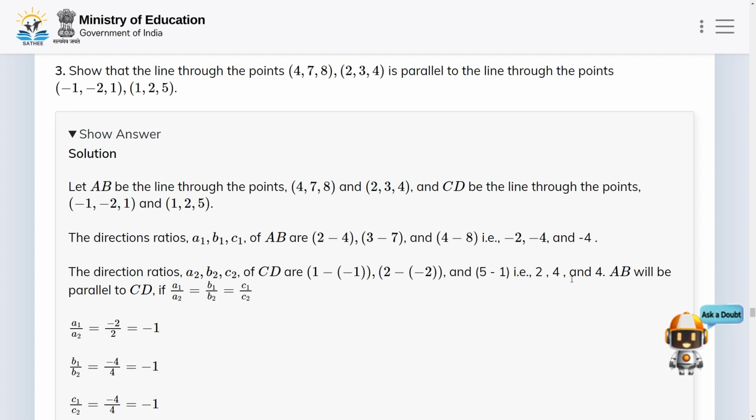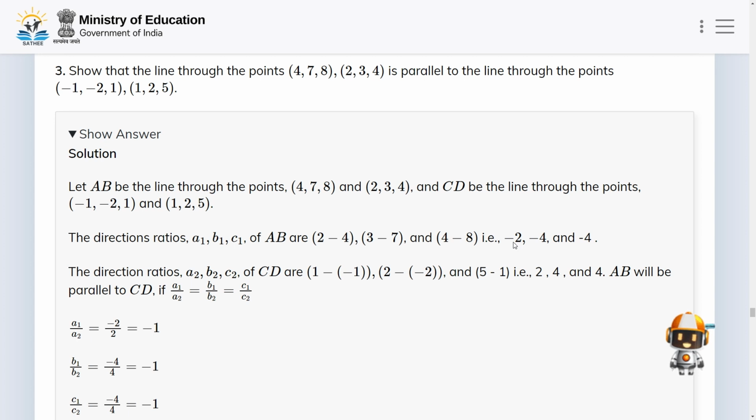Simple. Now, as you have to show that both of your lines must be parallel to each other, this means you have to show that your direction ratios must be some scalar multiple. For example, if you are having -2 here, then after applying the scalar multiple, you must get 2.